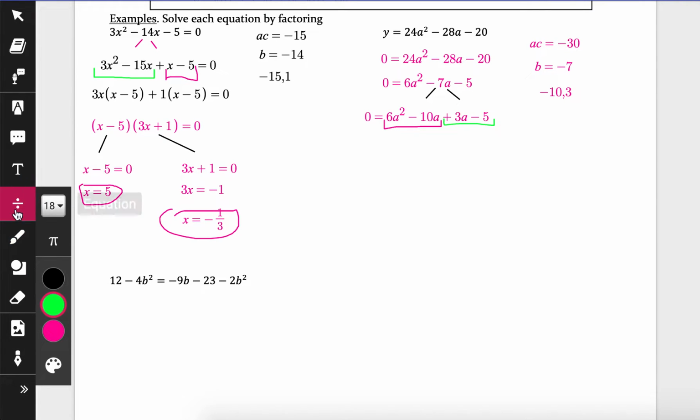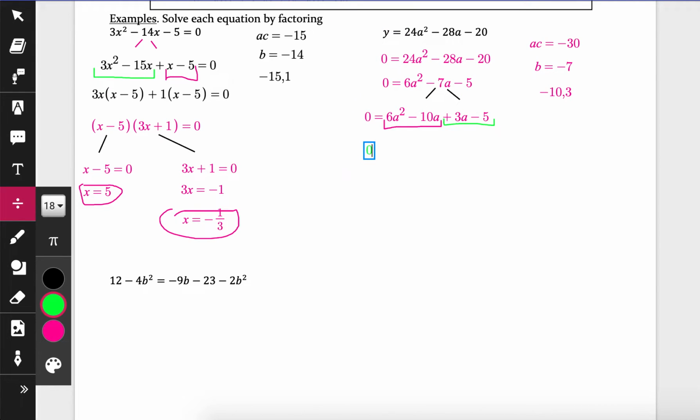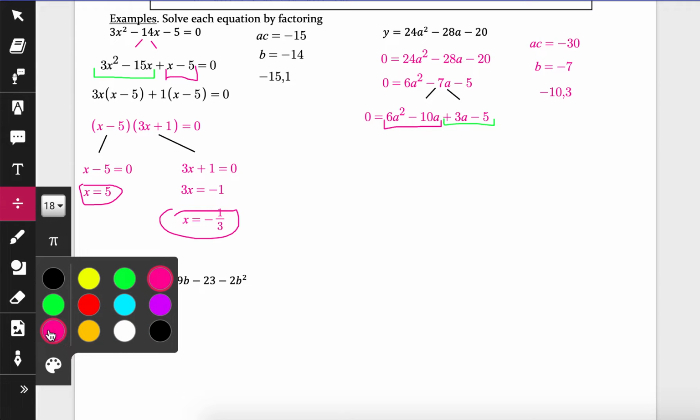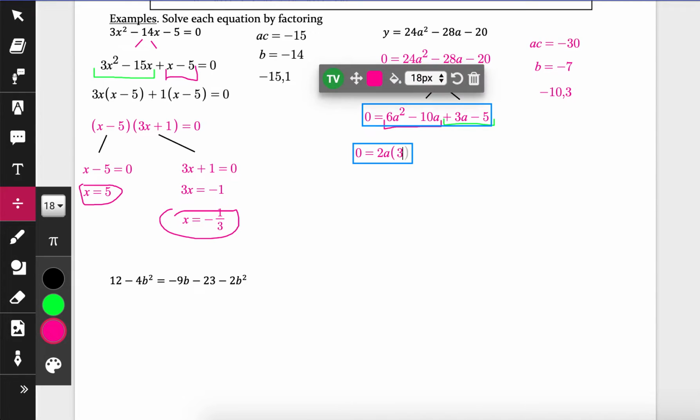Out of the first two, these have 2a in common. So I'm going to factor out 2a, and I'm left with 3a here when I divide that out. And when I divide out 2a from here, I have minus 5.